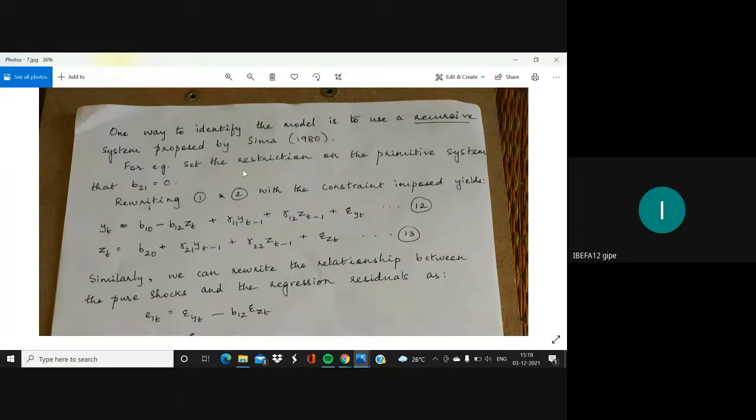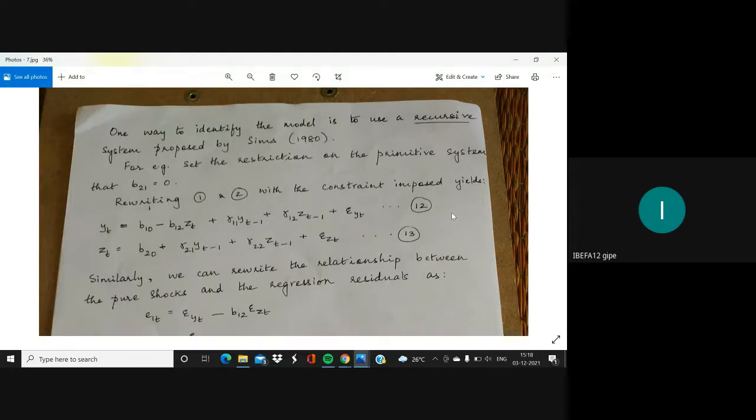So one thing that we can do is impose a particular restriction on the primitive system and set b21 equal to 0. If we set b21 equal to 0 and rewrite equations 1 and 2 using this restriction, we'll get these two equations, equation 12 and equation 13.